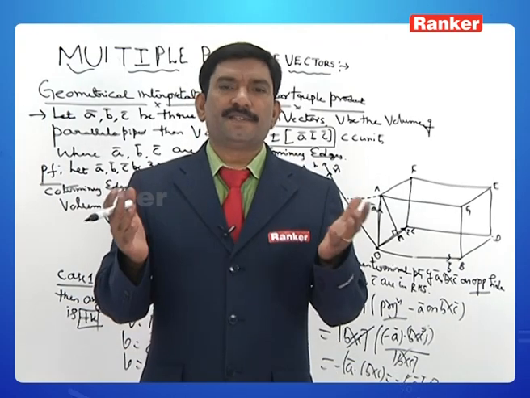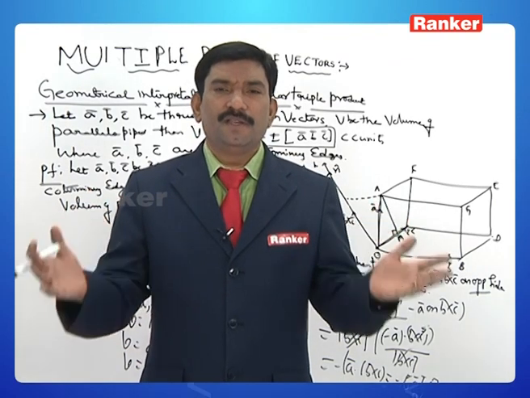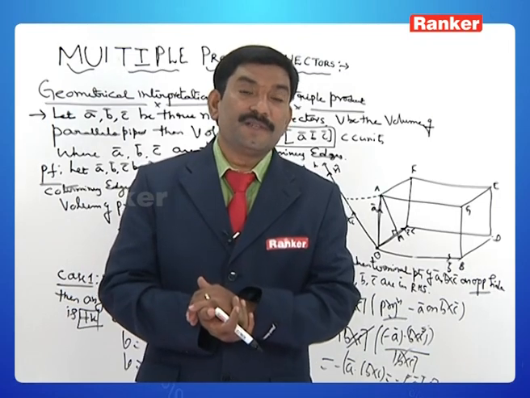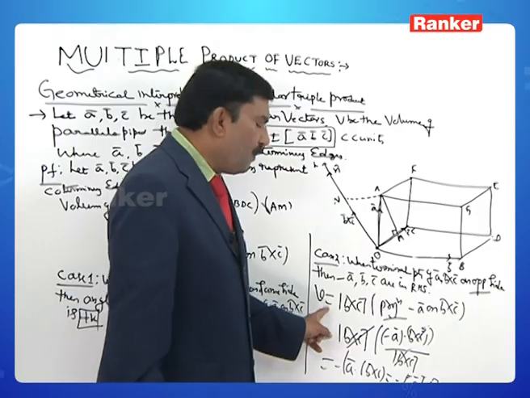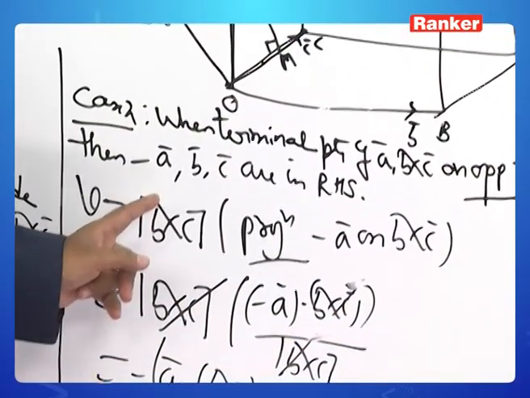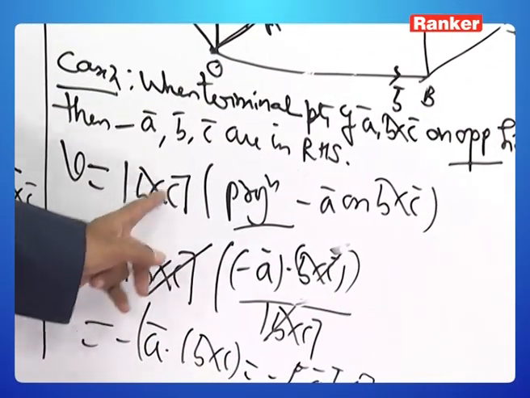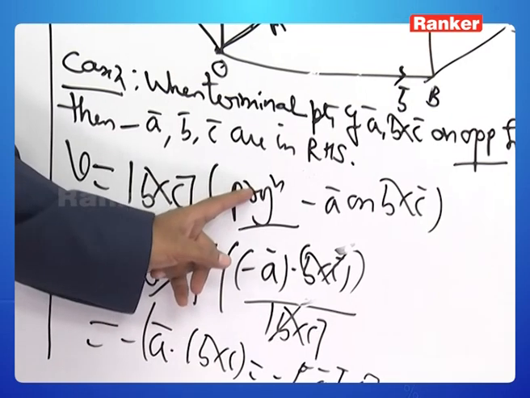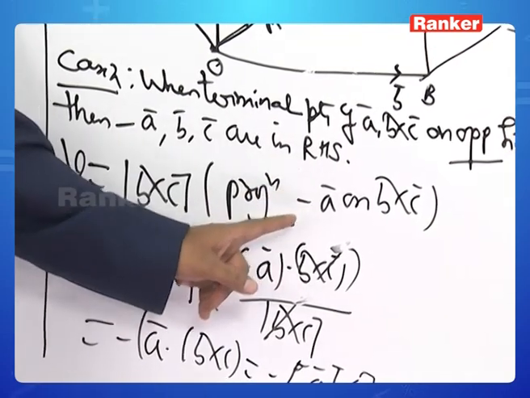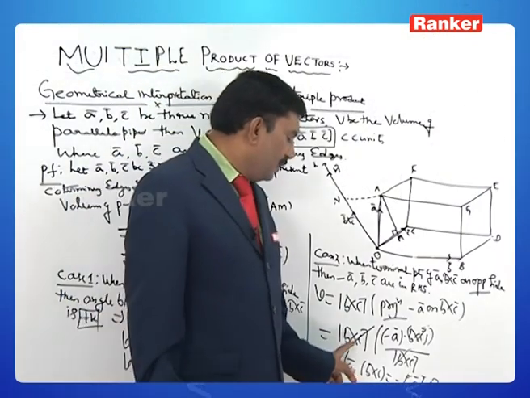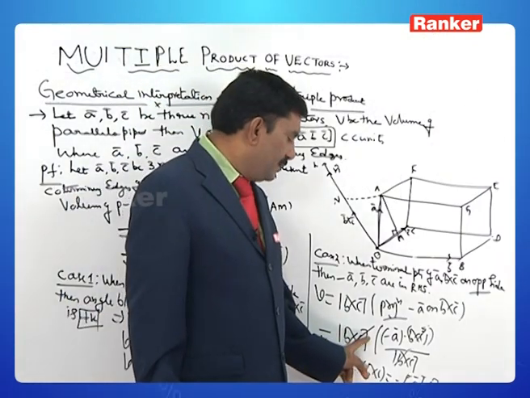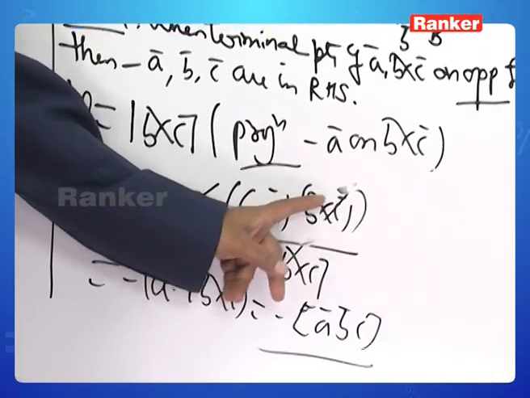Nevertheless, minus A bar, B bar, C bar will be in a right-handed system. Therefore, now volume V is equal to modulus of B bar cross C bar into projection of minus A bar on B cross C. I can write that modulus of B bar cross C bar is equal to minus A bar dot B cross C.